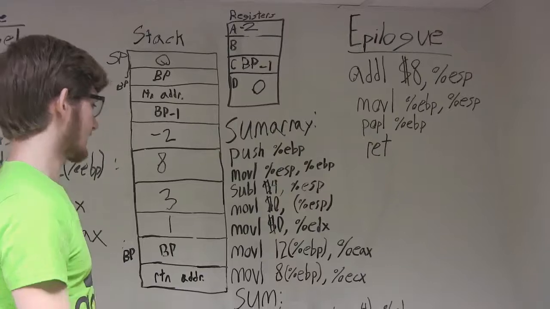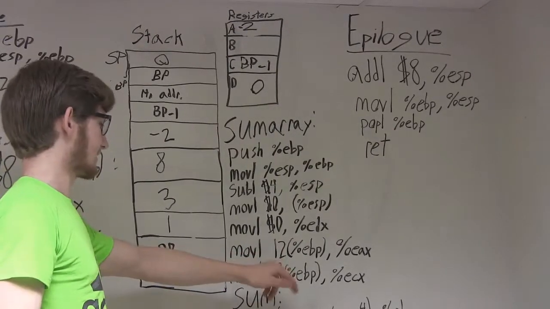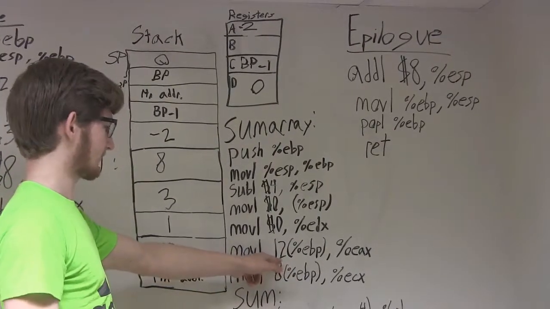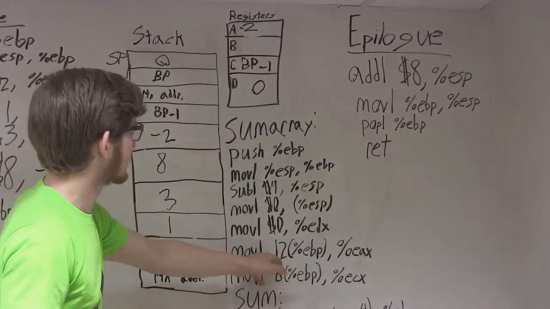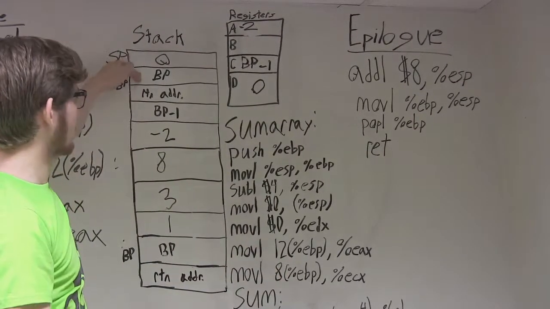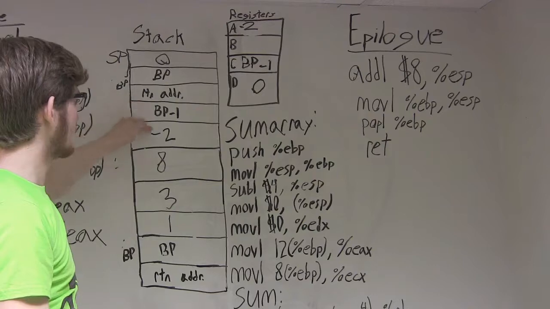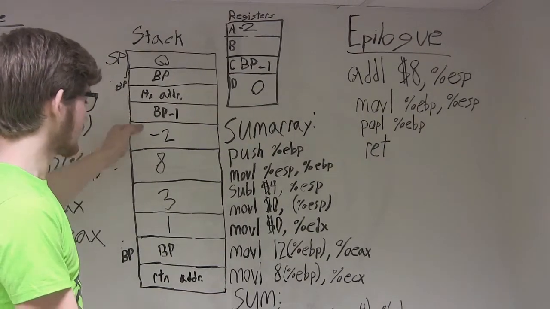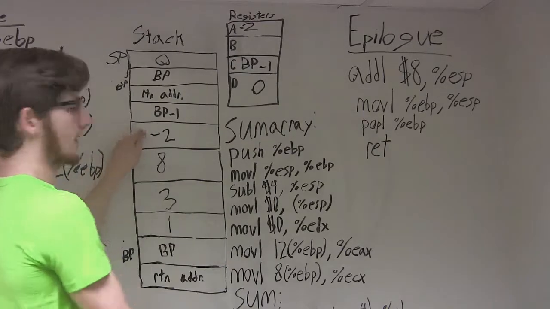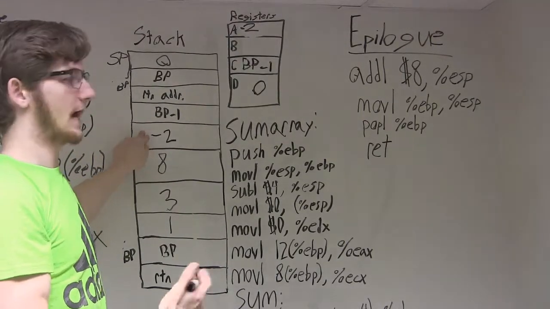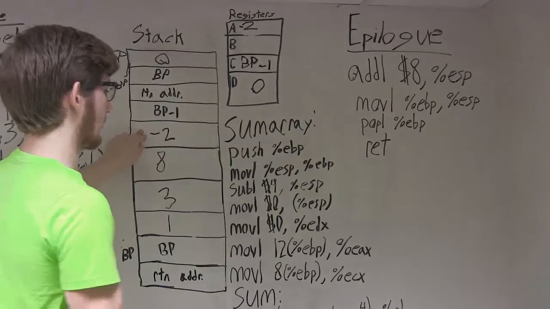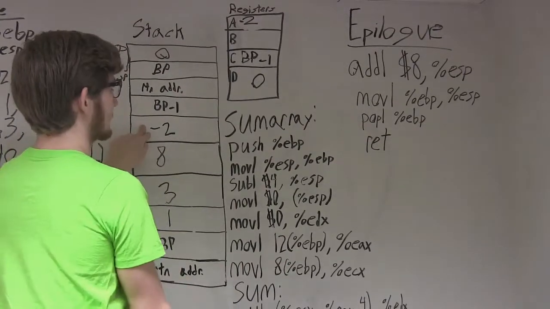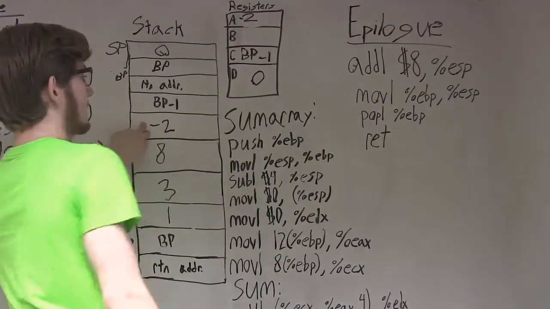Next, we use the base pointer and an offset with indirect referencing to move the value of, if you were to look from the base pointer, you'd go 1, 2, 3 times 4, and that would give you the 12. To explain how that works, this is moving the value of how many integers or how many elements of the array there are into the EAX register, which is already there.